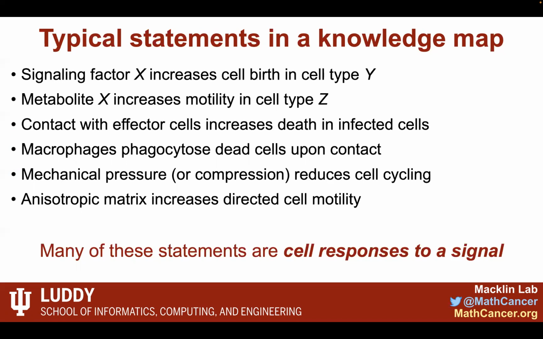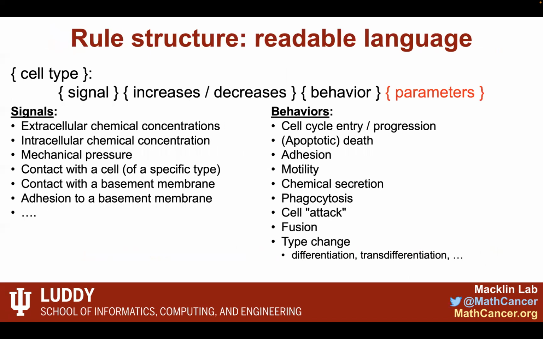But if you abstract this out, all these are statements saying that the cell has a behavioral response to a signal in the environment. So first we want to make a human-readable language where, for some cell type, I can write statements with a grammar like this: some signal increases or decreases a behavior with some parameter values.